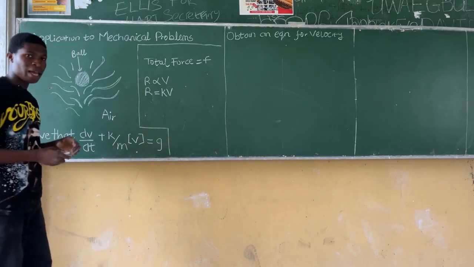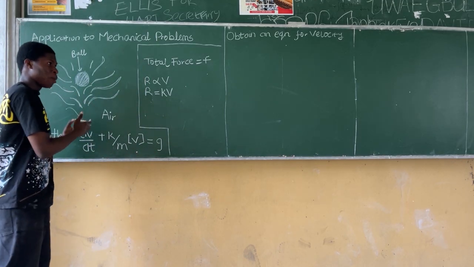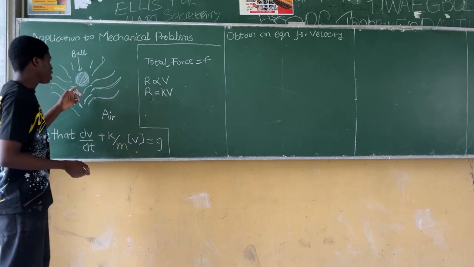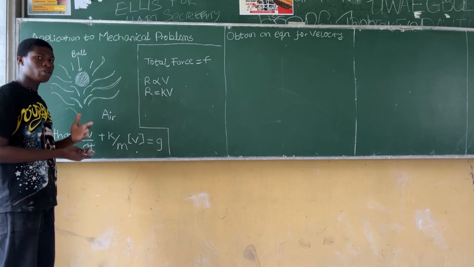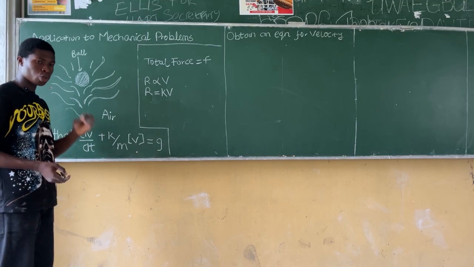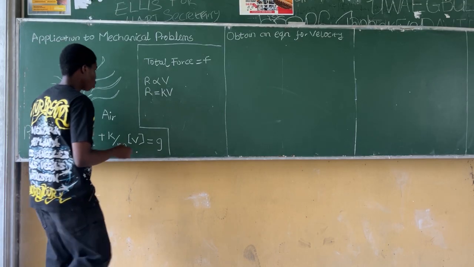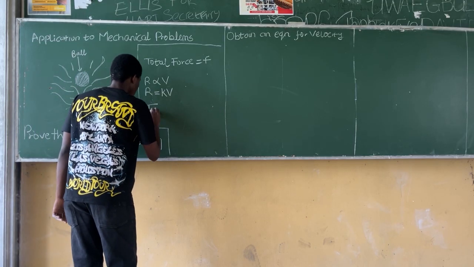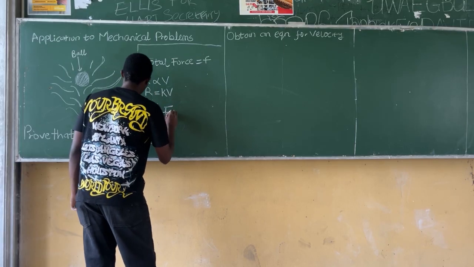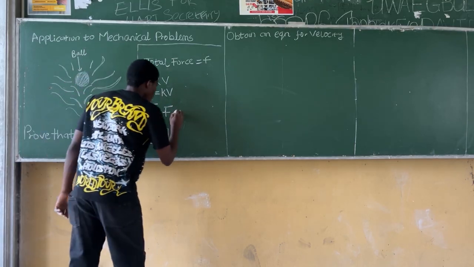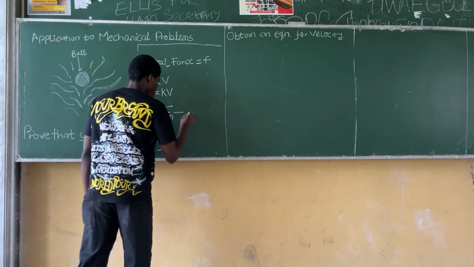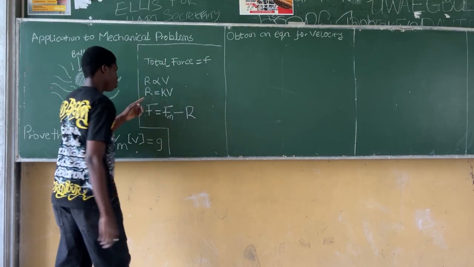We know in real life that any falling object experiences some sort of resistance, even in a medium, in water, or through air. So now the force is equal to the force of the ball falling through the medium, let's call that F of m, minus R, the resistance.